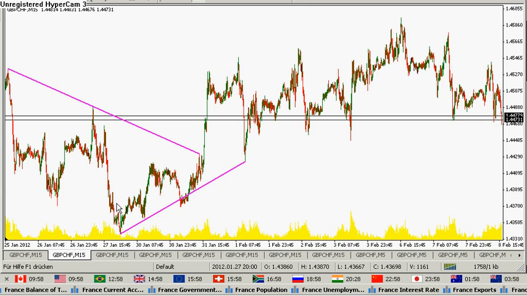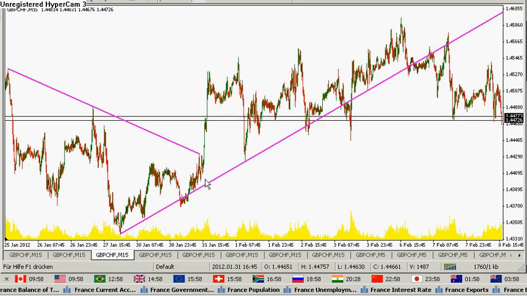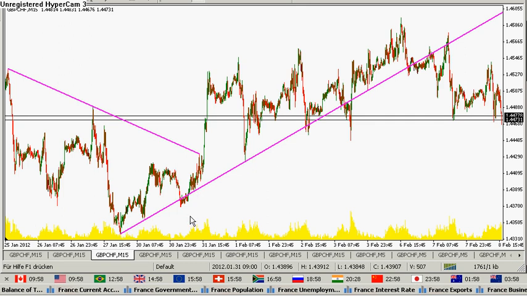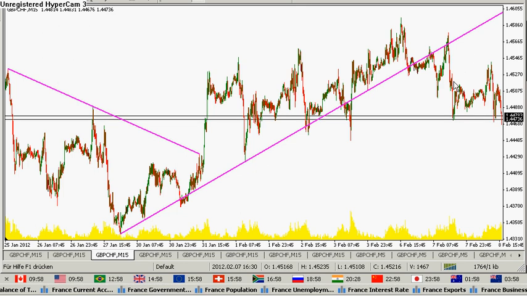So step by step, here the technical analysis: if we complete this line, we see here this upside trend, and it broke this morning. So we are here in an intraday bearish scenario.